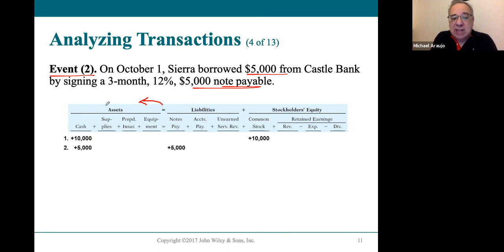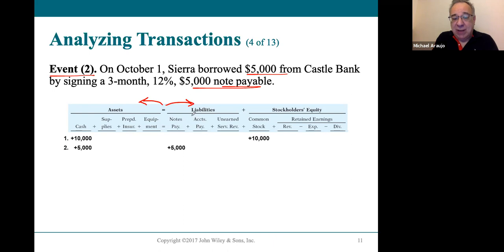So increases in assets happen on the left side of the account. But notes payable is a liability. Liabilities are on the right side. So that is just a little hint, a reminder that the right side of an account for liabilities is how we say we have more. So you would credit notes payable 5,000.